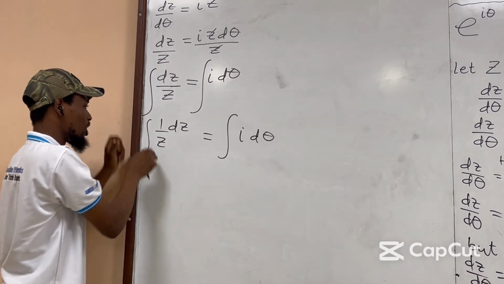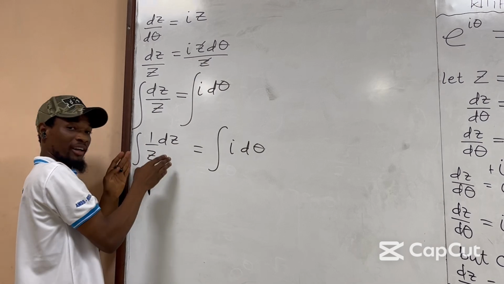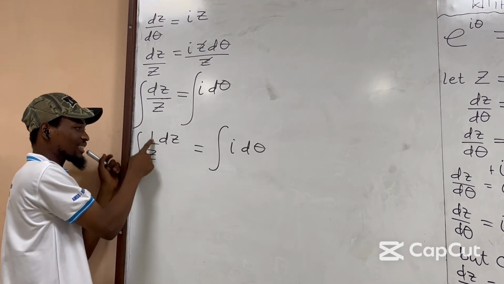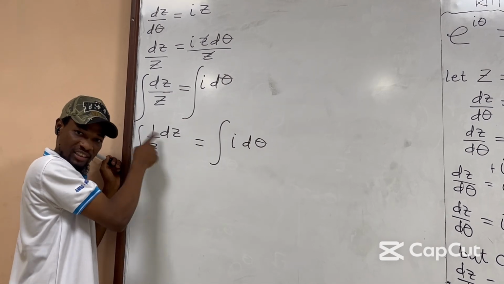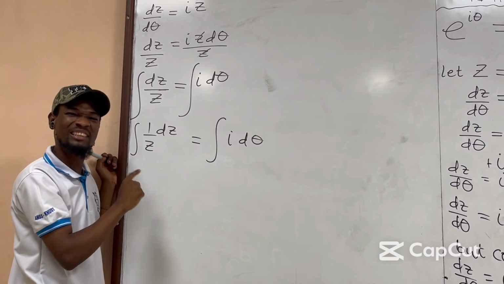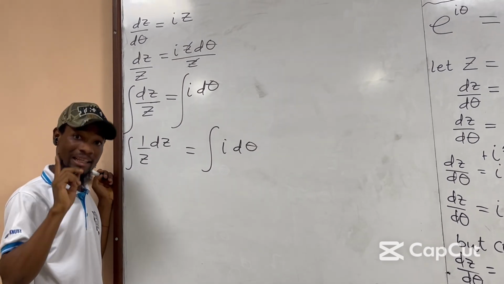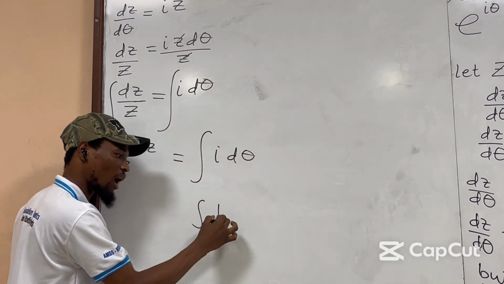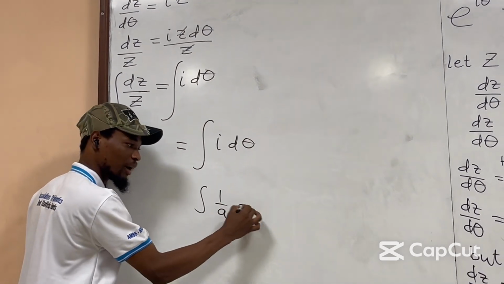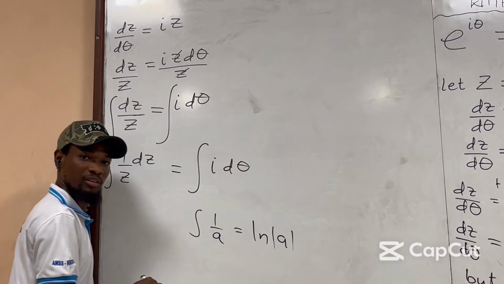Whenever you want to integrate 1 over an expression, provided that expression is linear, it becomes ln. So if you have the integral of 1 over a, this becomes ln of a.